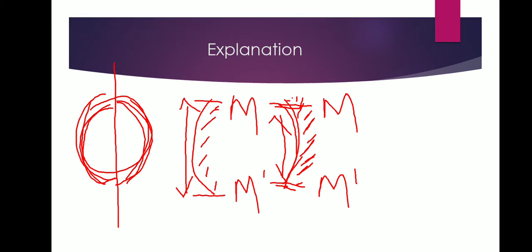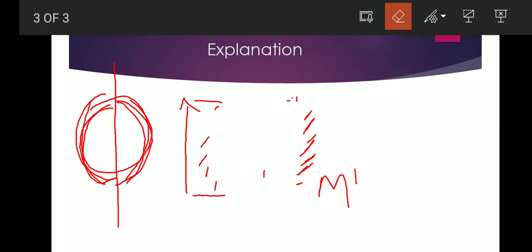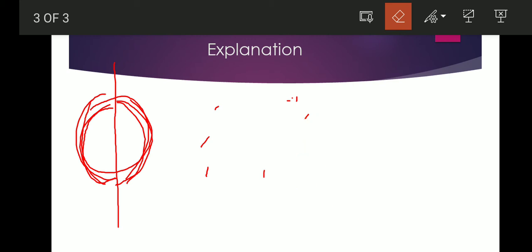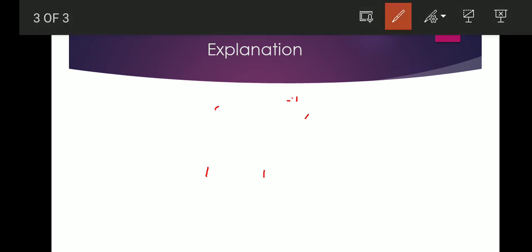Then next we have pole. What is pole? Again, let's erase all this. Okay, pole. Here we have concave mirror, and here we have convex mirror.